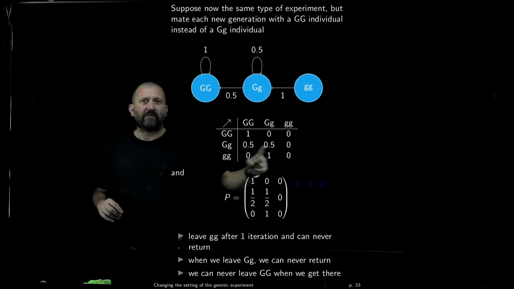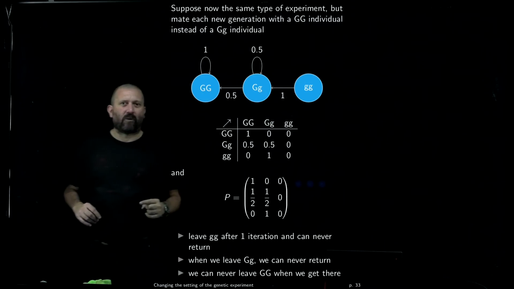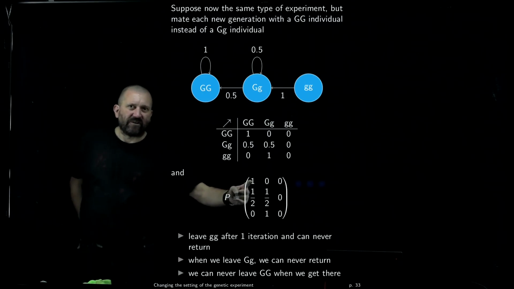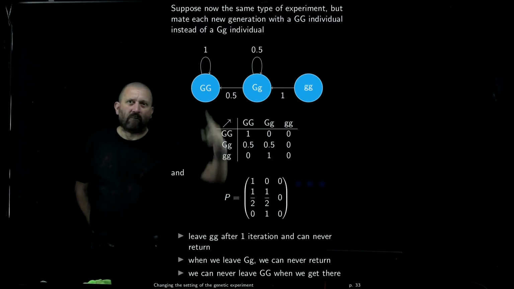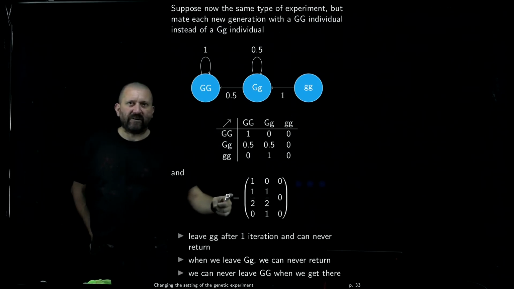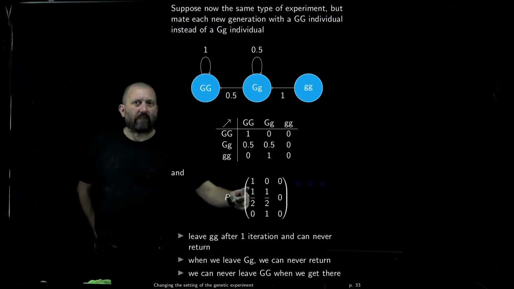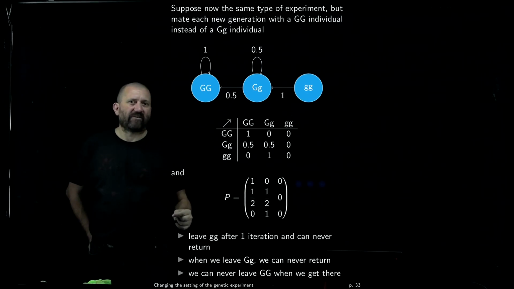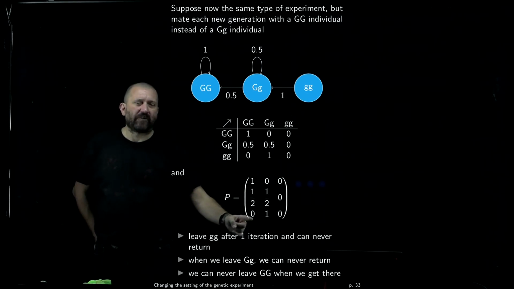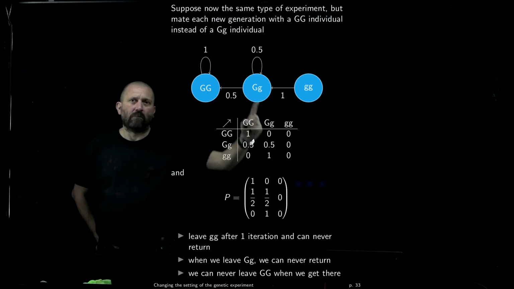So my transition matrix is much simpler than before. Okay, you can see from 1 being capital G, I can only go to capital G. From 2, I can go with probability 1/2 here, and probability 1/2, I remain in the same place. And with 3, I can only go to 2.